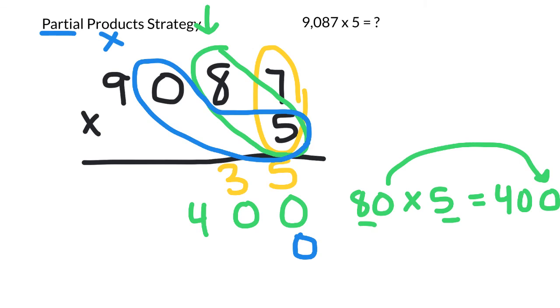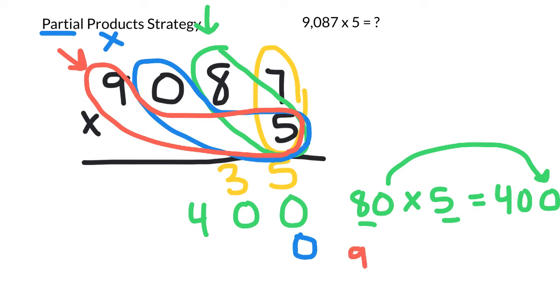Last one, I have 5 times 9, but this 9 is in the thousands place. So it's actually 9,000 times 5. So again, I can use my zeros trick.